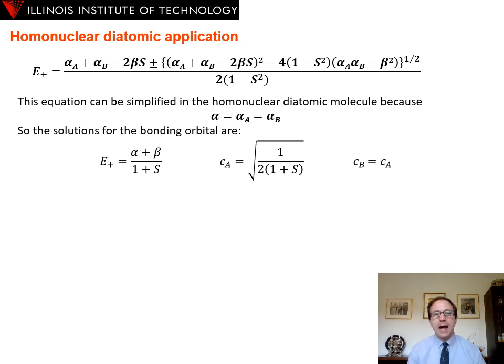We've already seen how we calculate the coefficient that goes with that. It's just 1 over the square root of 2 times 1 plus the overlap integral. And since alpha A and alpha B are the same, the coefficients for the two wave functions are the same. So they have the same value.